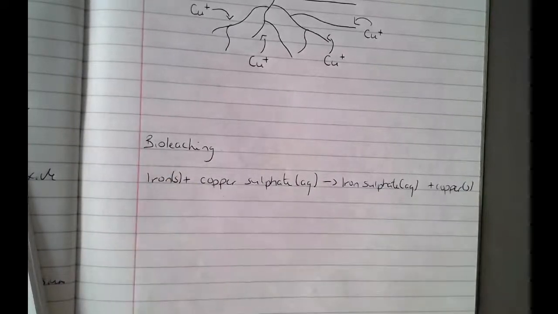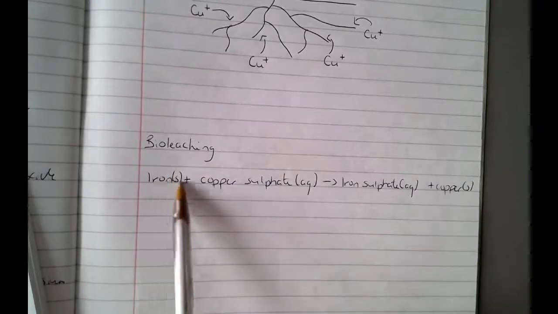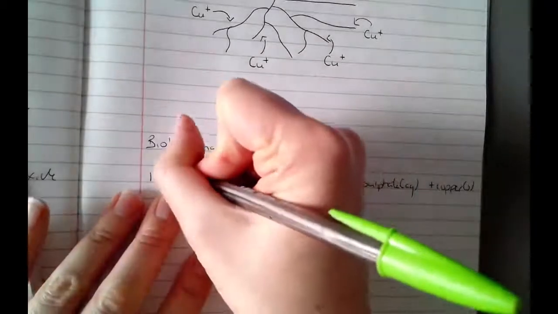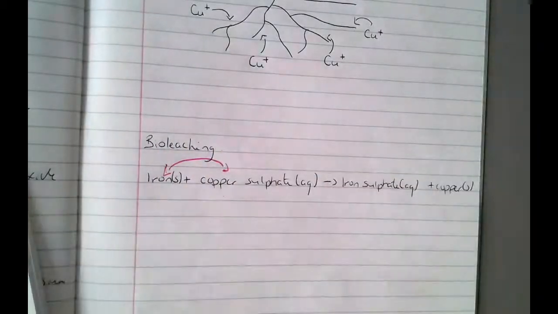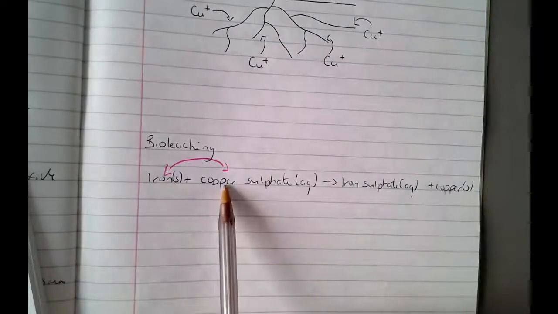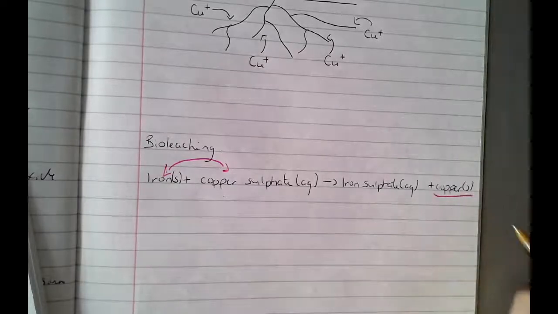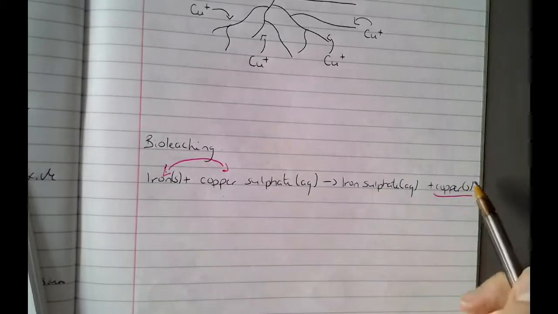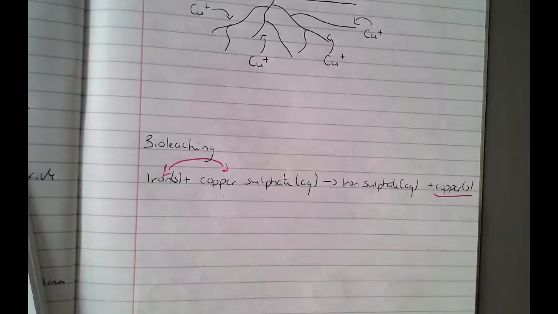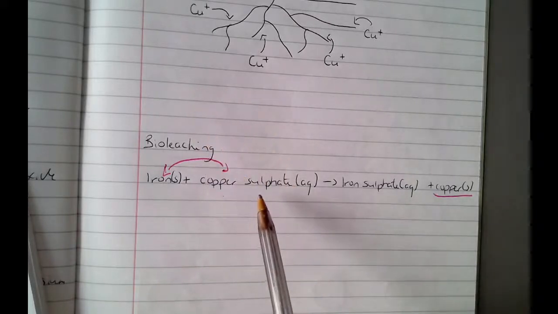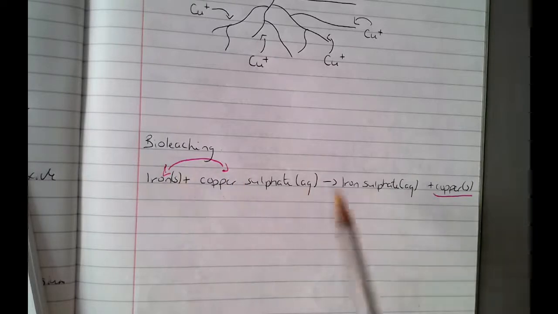So if I just use scrap iron that's not particularly good quality, I can add my solid iron to my copper sulfate solution. The iron and the copper will swap places because iron's more reactive, and I form iron sulfate and I form pure copper. That's what I'm trying to get. I first use the bacteria to break down these ores into a solution, then chuck in a bit of scrap iron, and I'm going to end up with my pure copper.